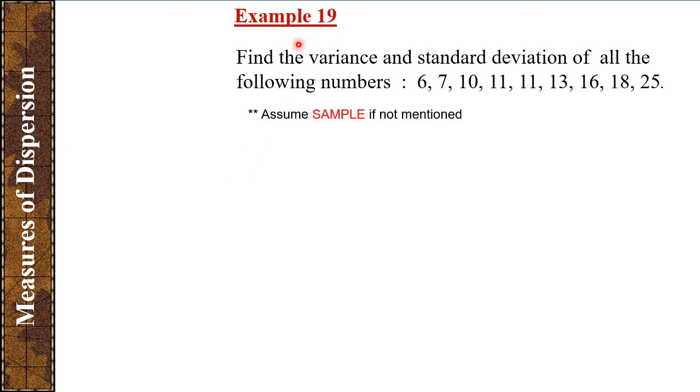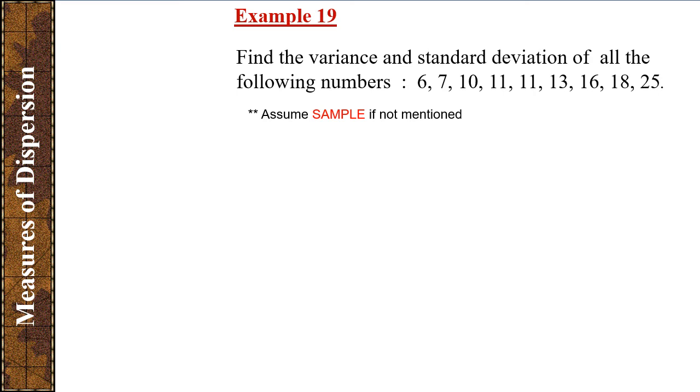Right. So now look at example 19 here. In this example, find the variance and standard deviation of the following numbers, starting from 6, 7, 10 until 25. Right, first of all, is this data grouped or ungrouped?